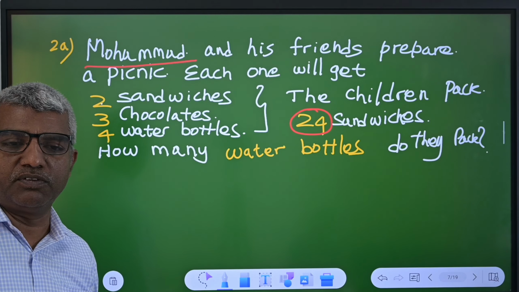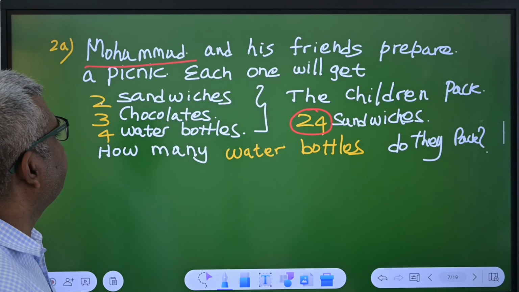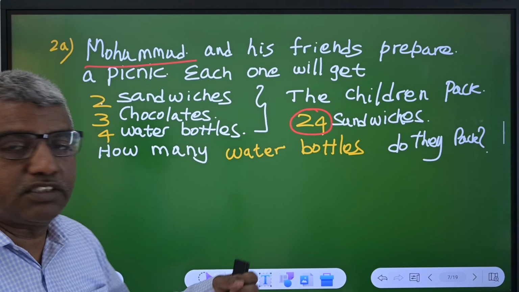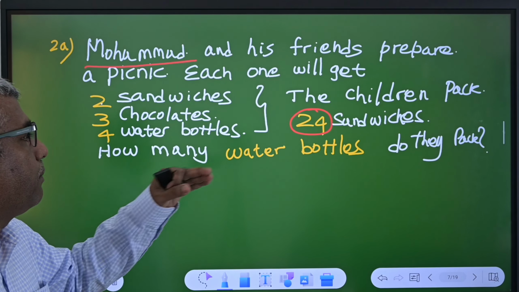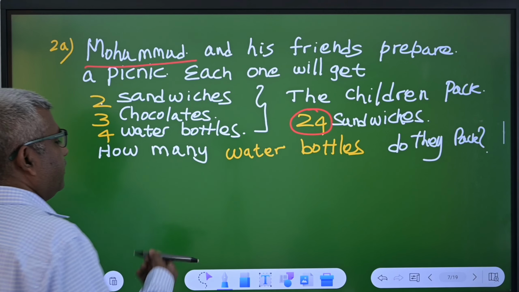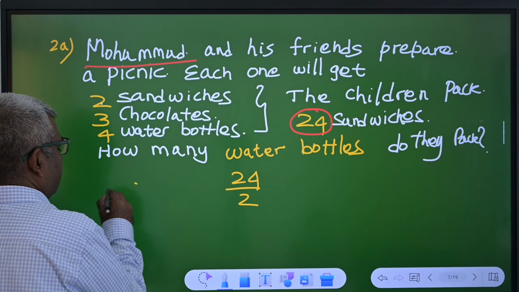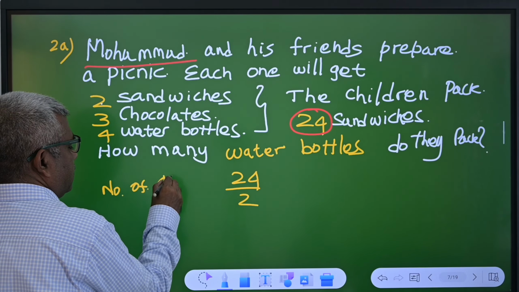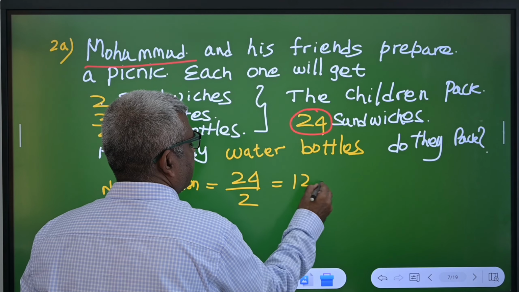Tell me what to do. Each one will get 2 sandwich, 3 chocolate, 4 water bottle. The children pack 24 sandwiches. That means number of children is how much? 12.